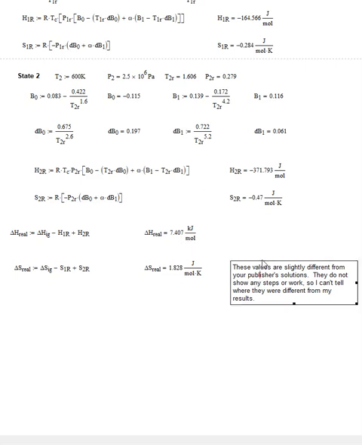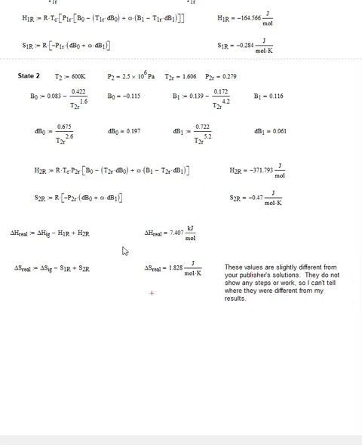If you were to look in the publisher solutions, you would find that the answers are slightly different from what we got here. I've gone over this and I don't see any mistakes. If you guys see any mistakes, let me know. But these are the answers that we get.